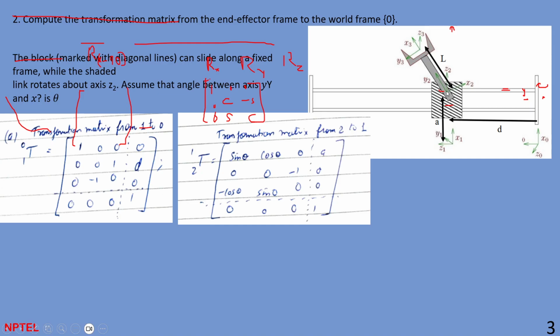So when you go from here to here, how do you reach from here to here? First, the translation has been given here, but there is also a rotation happening, so how do we do it? First we see what is happening here. You can see Z2 is there, right?